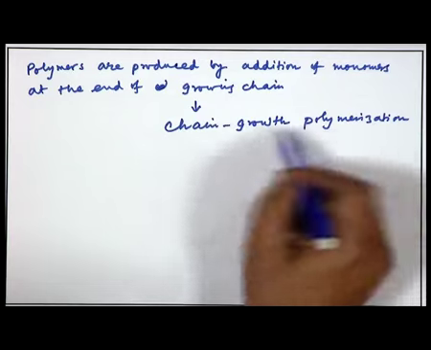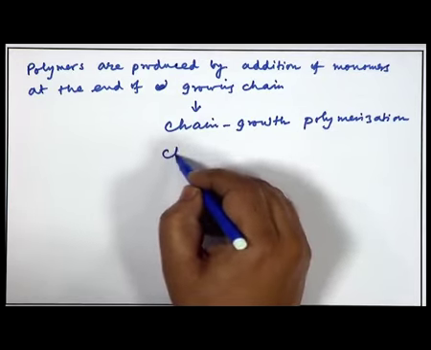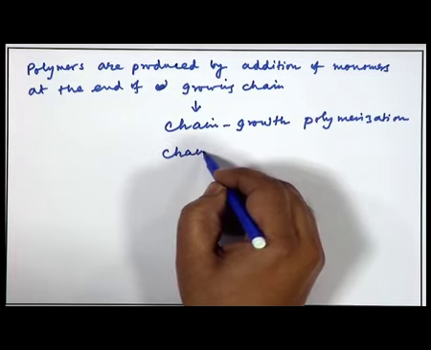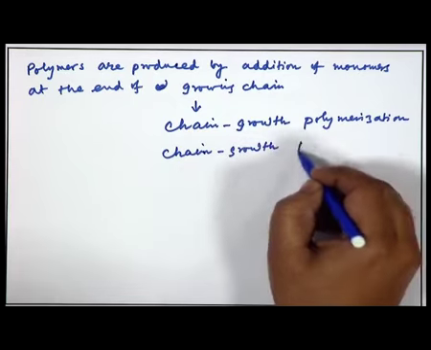So, that is the mechanism, chain growth polymerization, and the polymer produced is called chain growth polymers.